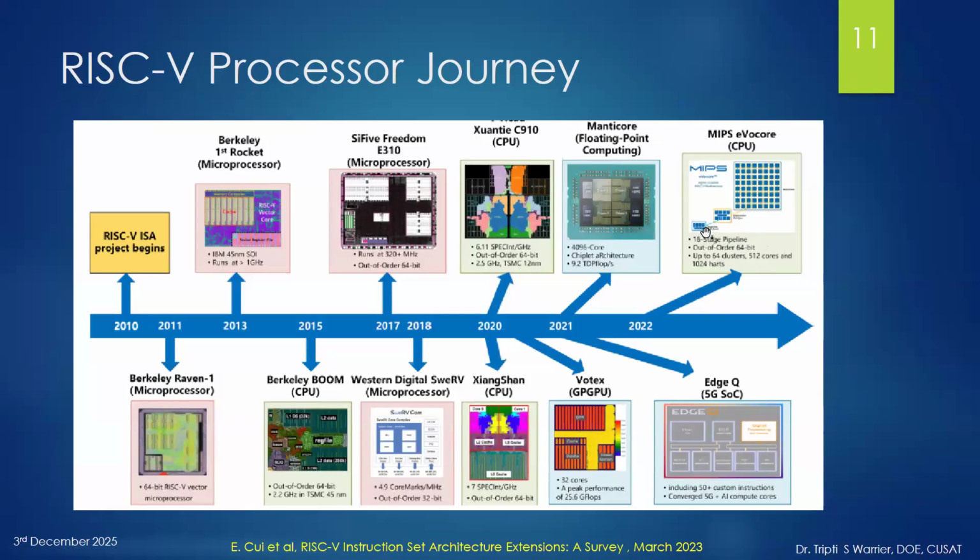What I'm trying to say is that corresponding to the traditional progress of devices using traditional ISAs, people working in the RISC-V community are also making sure that all kinds of processing cores are available based on RISC-V.